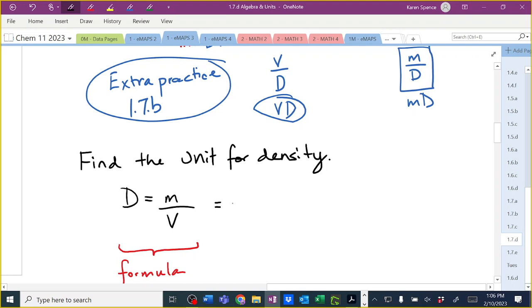And then what we're going to do is, in place of M mass, we're going to substitute in the unit for mass and the unit for volume.